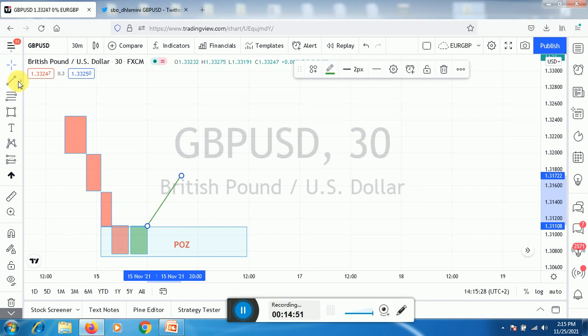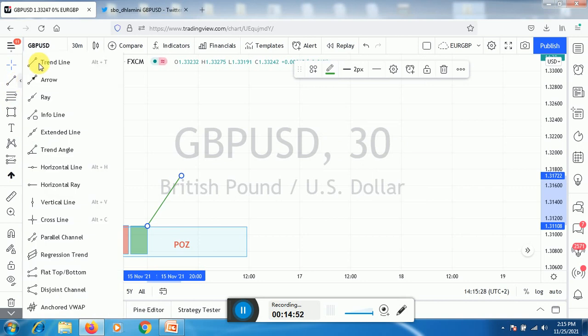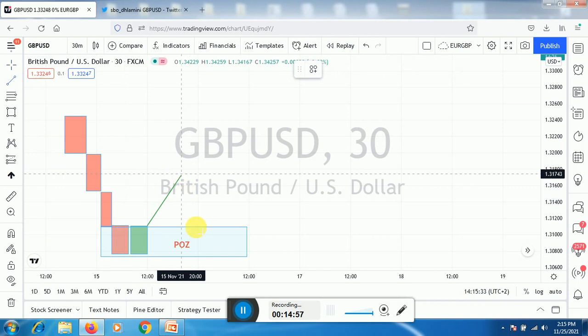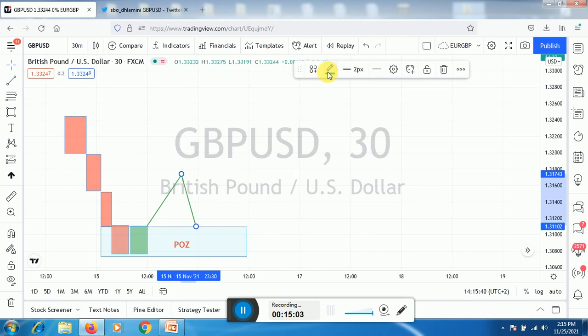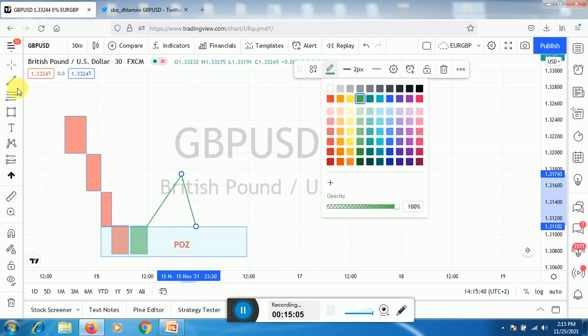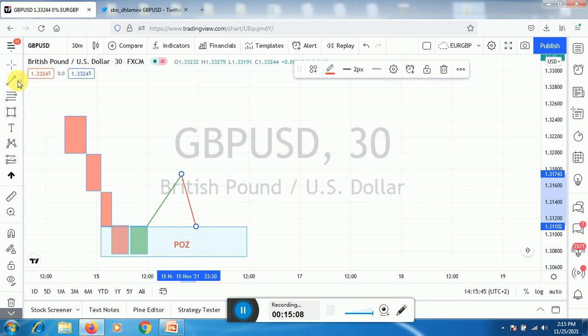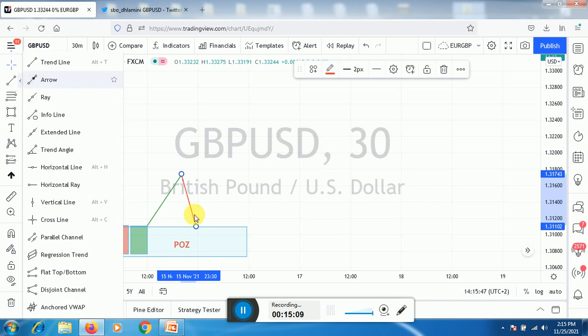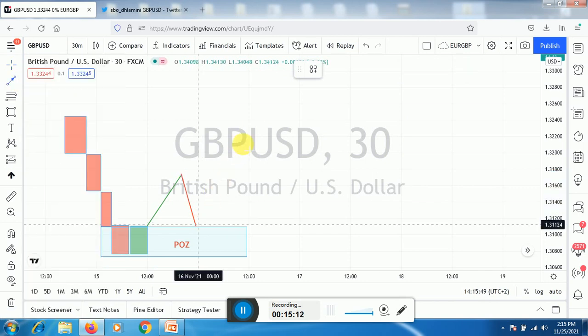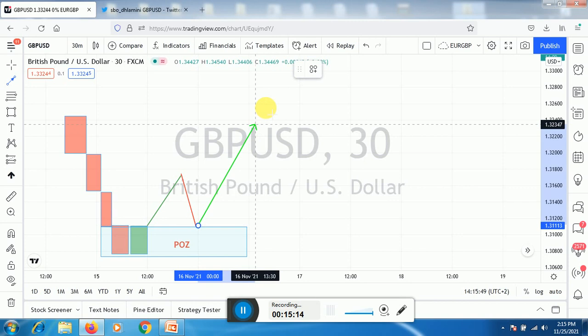And whenever it happens that the market comes back to this level, price will get rejected on this level, and when price gets rejected on this level, price will actually do what? Go higher again.